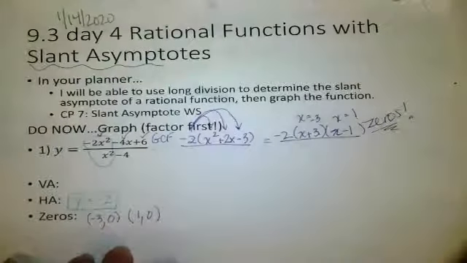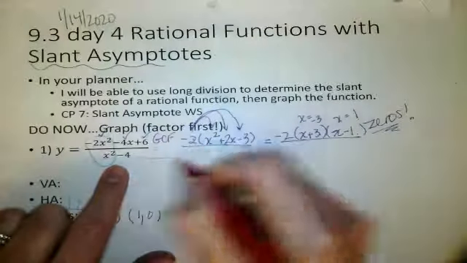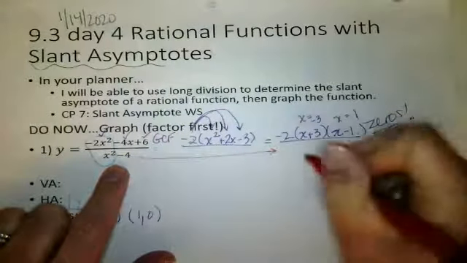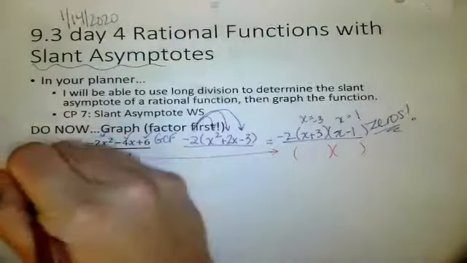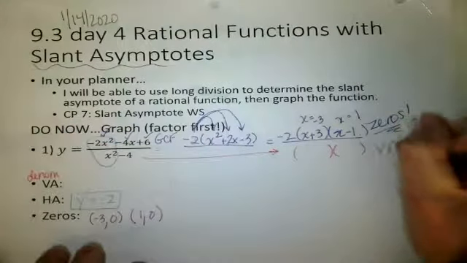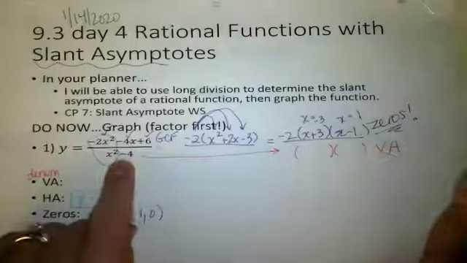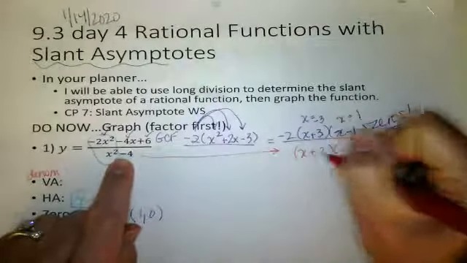What do we learn from the denominator? We can double bubble the denominator, and what does the denominator always tell us? The vertical asymptotes, that's right. So the denominator always gives us the vertical asymptotes. How does x squared minus 4 double bubble? X plus 2, x minus 2.